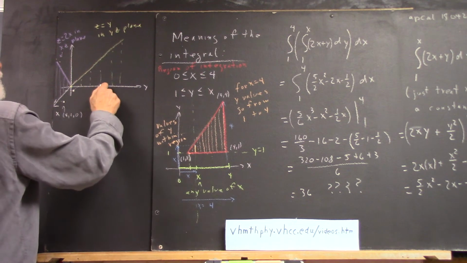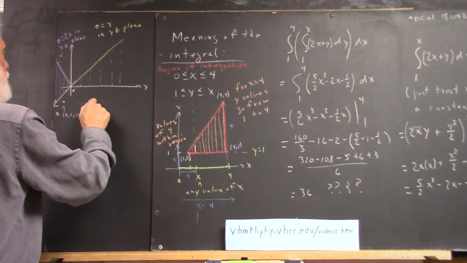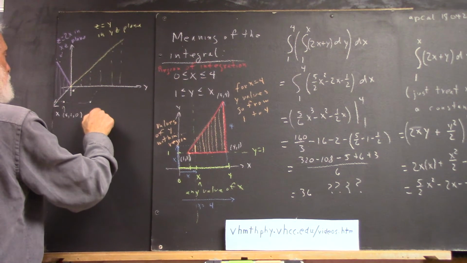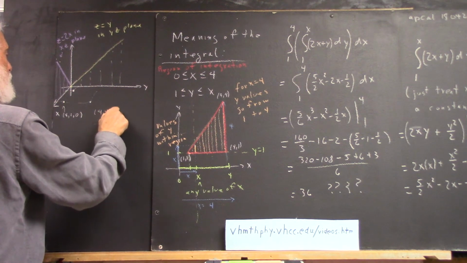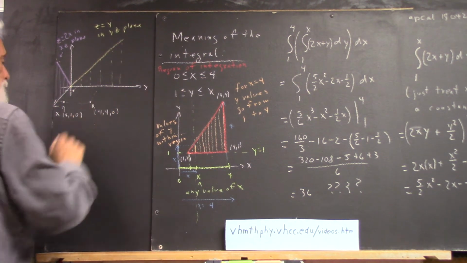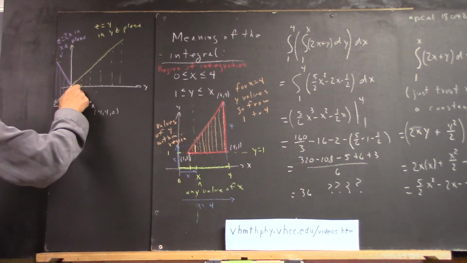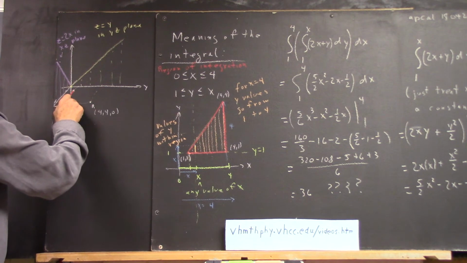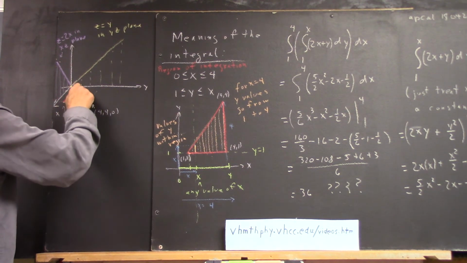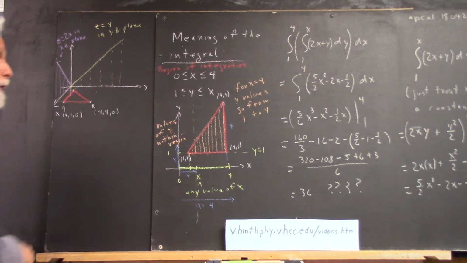And then we've also got 4, 4, 0. So that this region here, that I'll again shade in red, now looks like this. Okay?